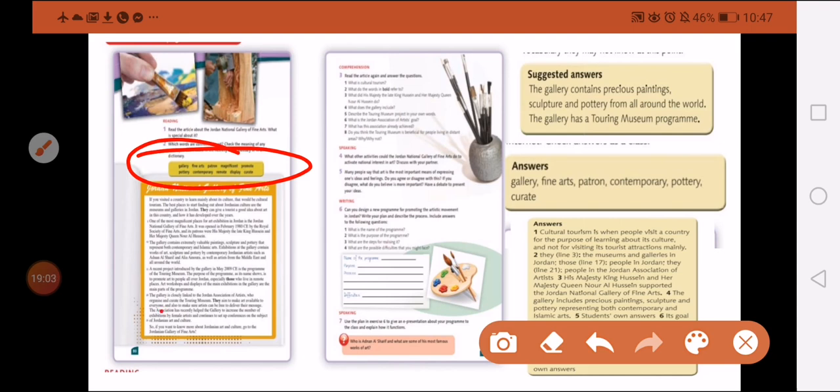Now, patron. A patron is a person who gives financial or other support to an organization. It means here داعم أو ممول.